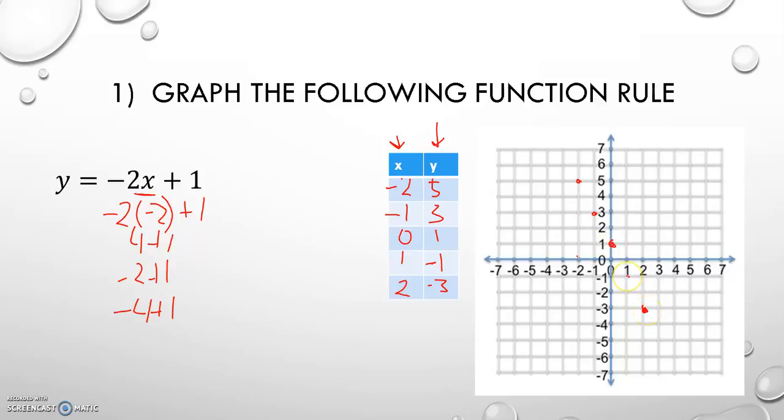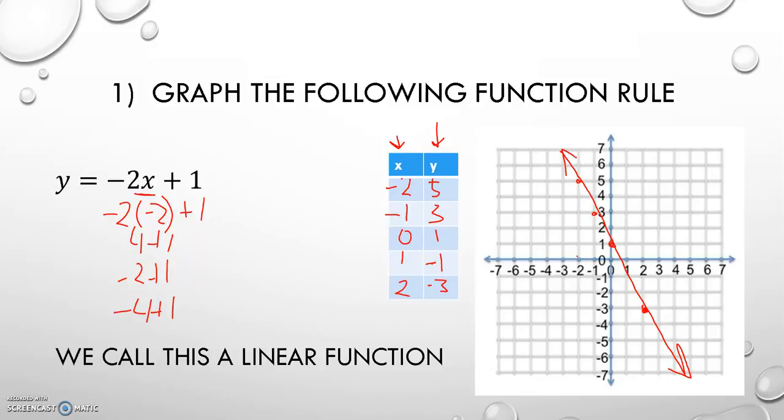And we get a pretty good idea of what this looks like from plotting those points. It's going to be a line that would continue on in both directions forever, that would look something like that. Now if I had a ruler, I would make this look a little bit better, but that's what this graph looks like. We call these linear functions because it makes a line.